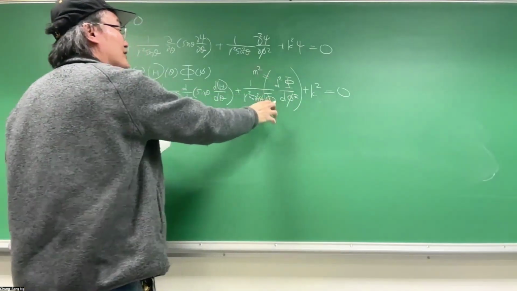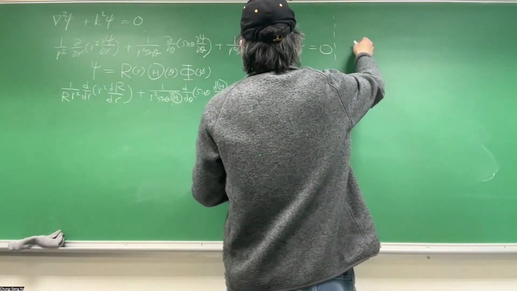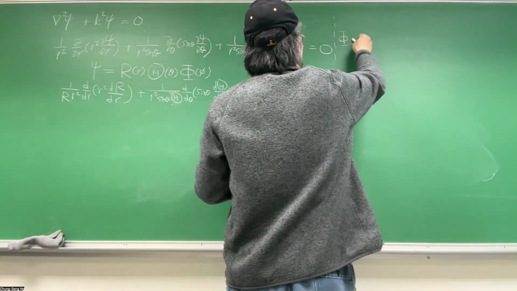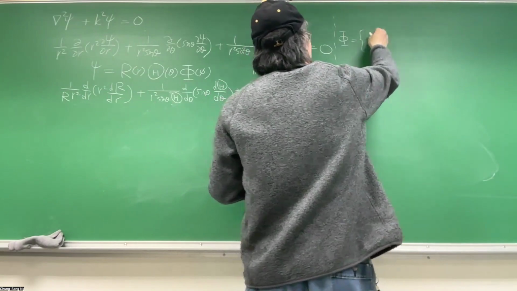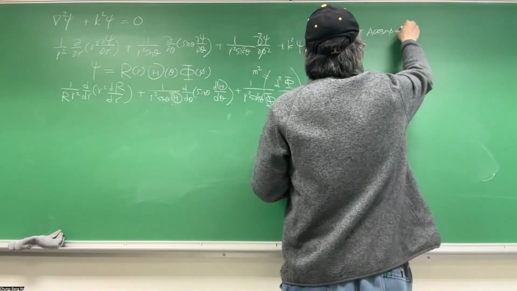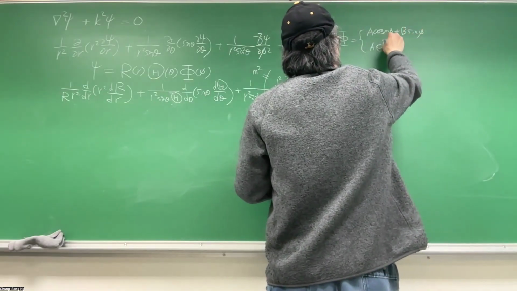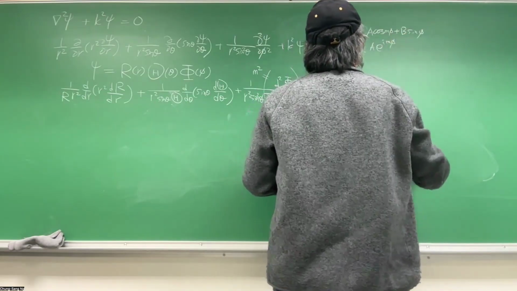This is a constant, and the solution for phi is just like what we did, either sine or cosine, or e to the i m phi, right?